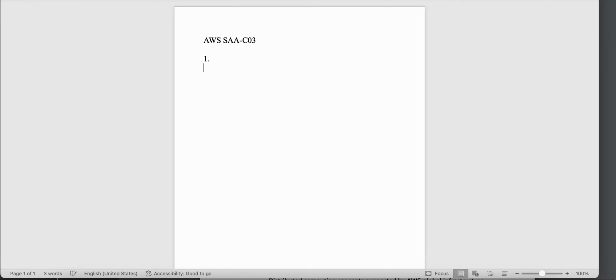So one of the exam questions that I remember was on IAM access. It was mentioned that there are certain unused IAM users in an account, and the company wants to know which IAM users are unused, and wants to remove them to prevent unauthorized access.